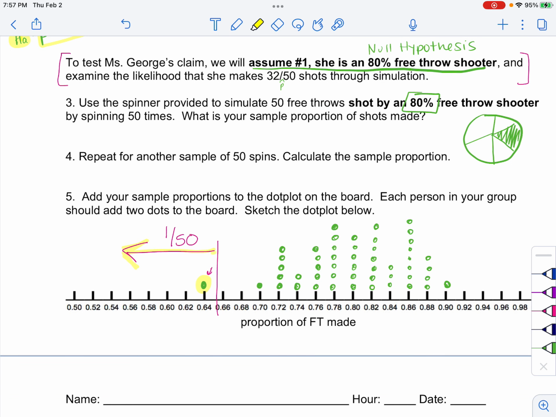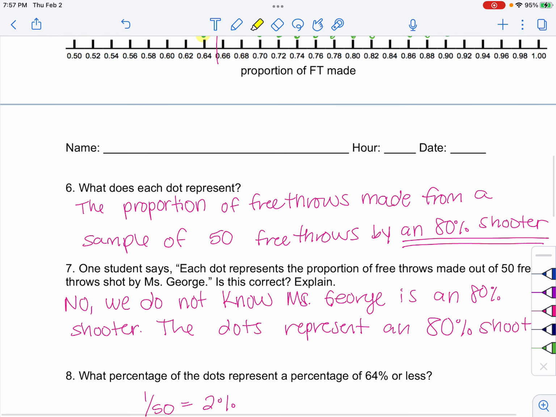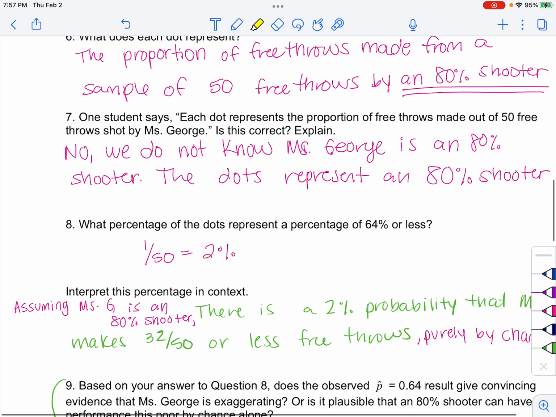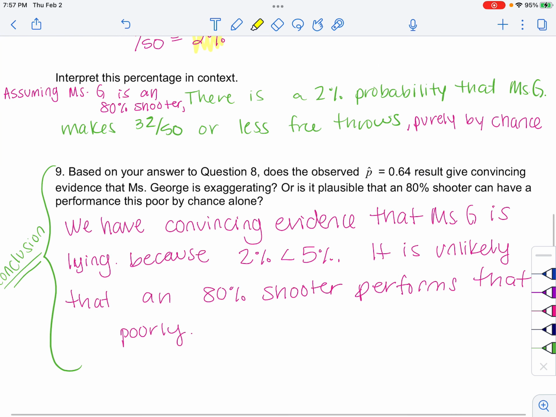So if we are less than 64, that is going to be what we want, right? We want to be less than 80. Then from here, we were able to find that percentage and to interpret that percentage, and therefore finally make a conclusion that we would have convincing evidence against the null hypothesis, against the claim.